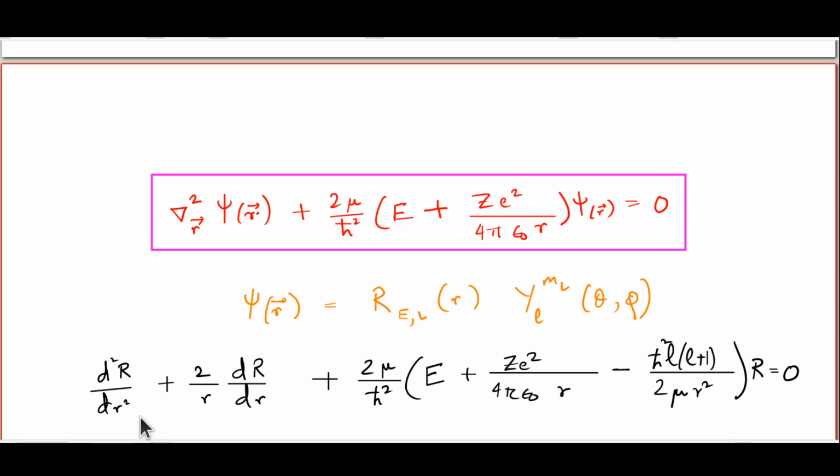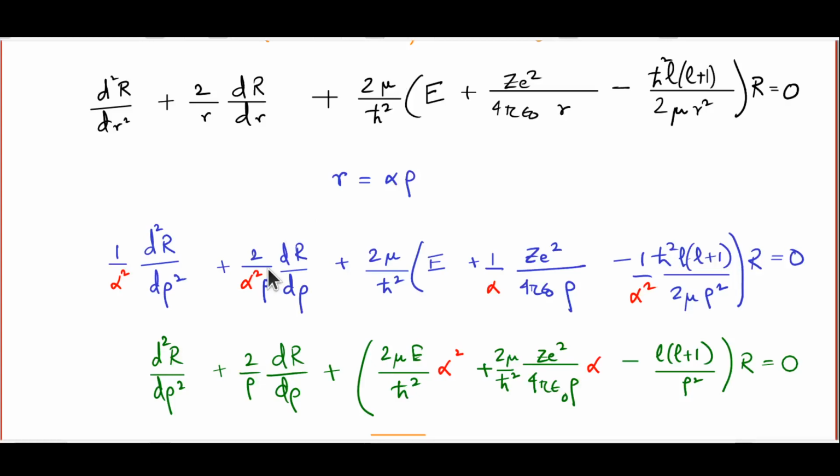But in this case, instead of subtracting just the actual potential energy, you have to also put in an additional piece, which is h cross squared l(l plus 1) by 2 mu r squared, the so-called centrifugal potential barrier term, which essentially is a consequence of the separation that we had to do in order to arrive at this equation in the first place. Of course, in classical mechanics, as we have already pointed out, you do have the centrifugal potential barrier term in the effective potential, so that sort of mimics exactly what we had done earlier.